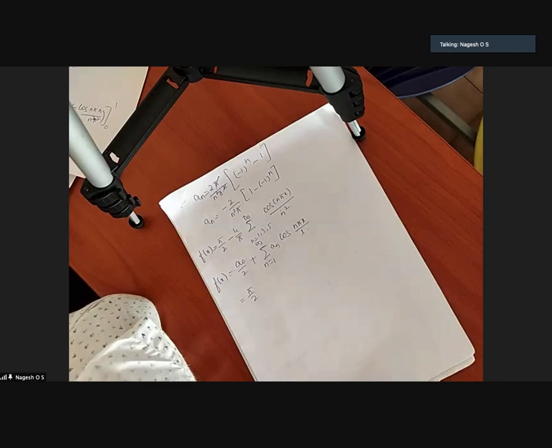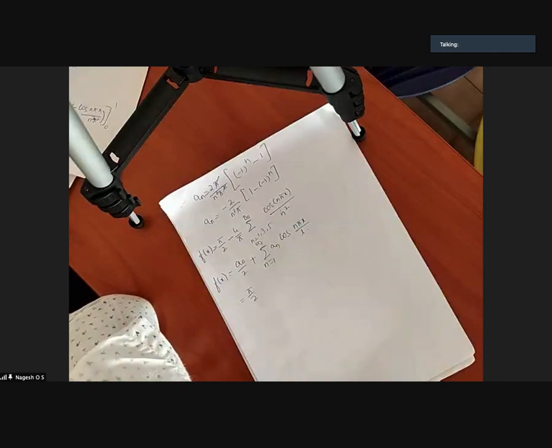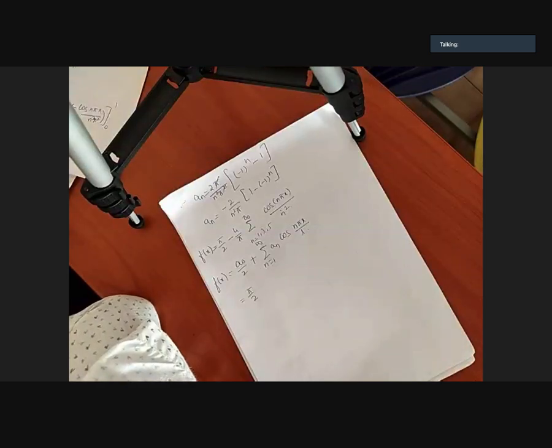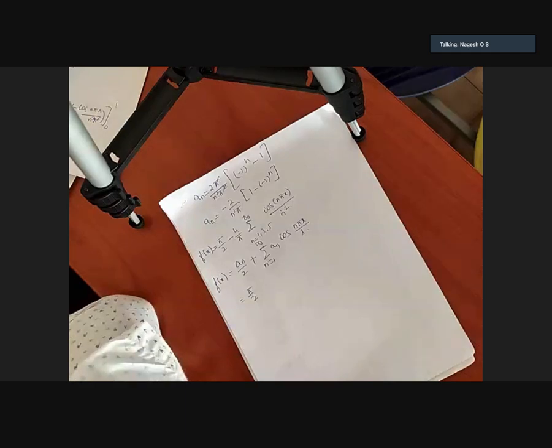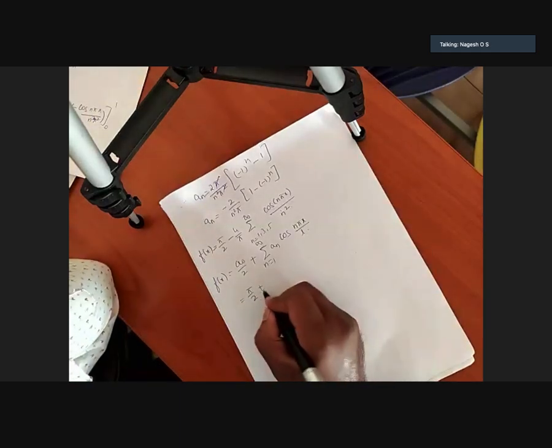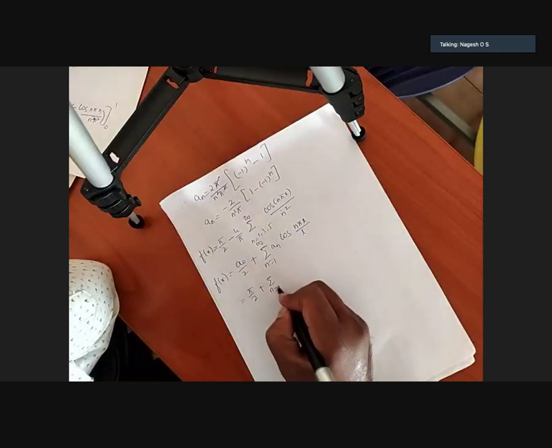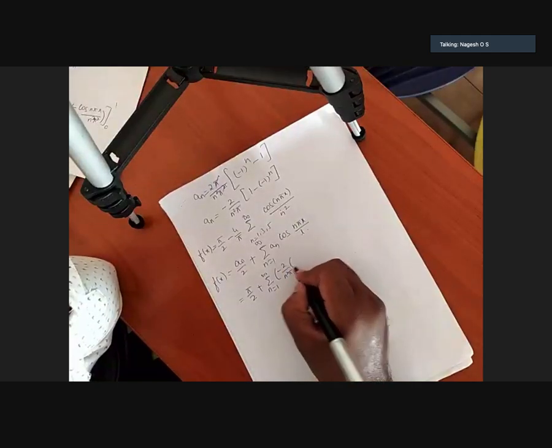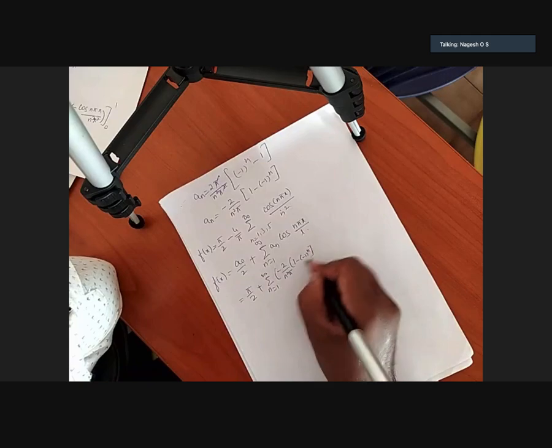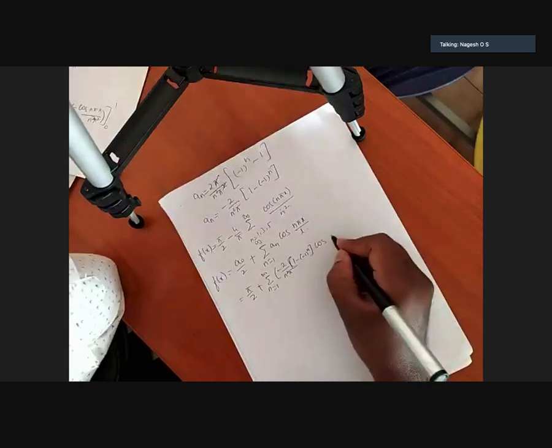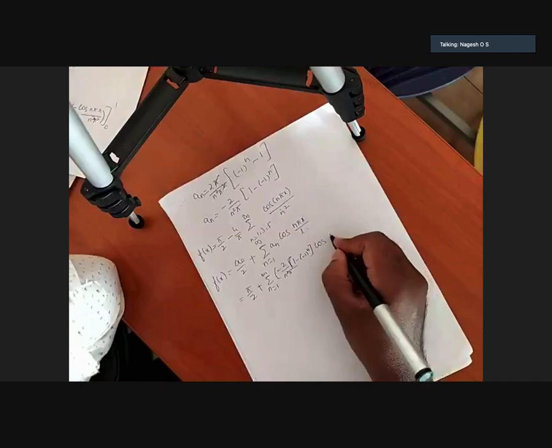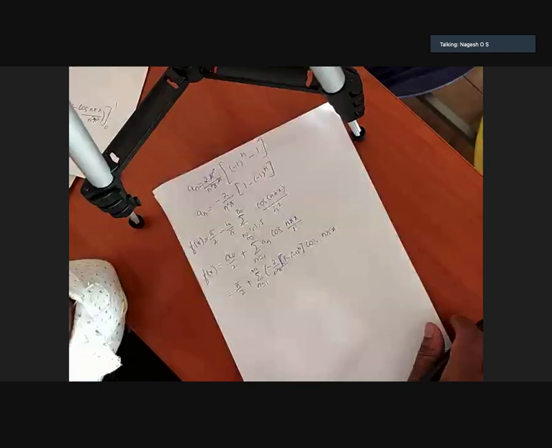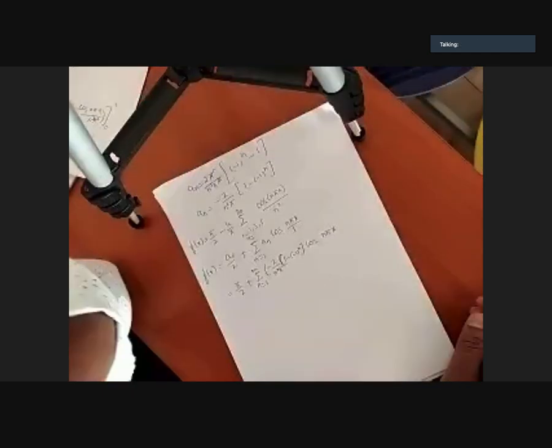Pi by 2 plus summation n equal to 1 to infinity a n. A n value is minus 2 by n square pi, 1 minus 1 power n, cos n pi x, because L value is 1. L value is 1. Therefore, cos n pi x.